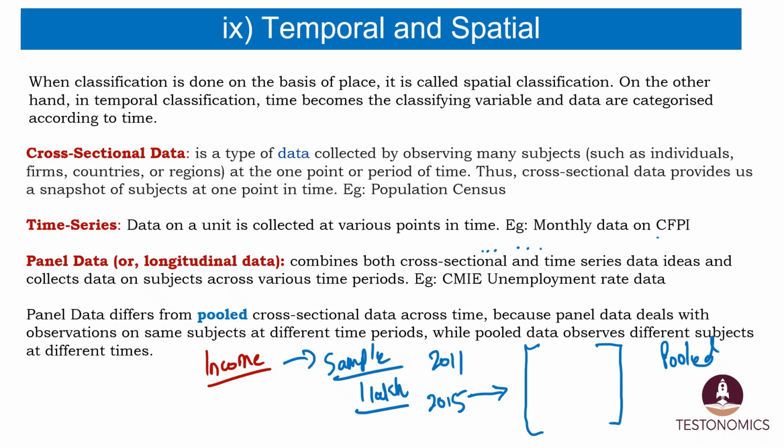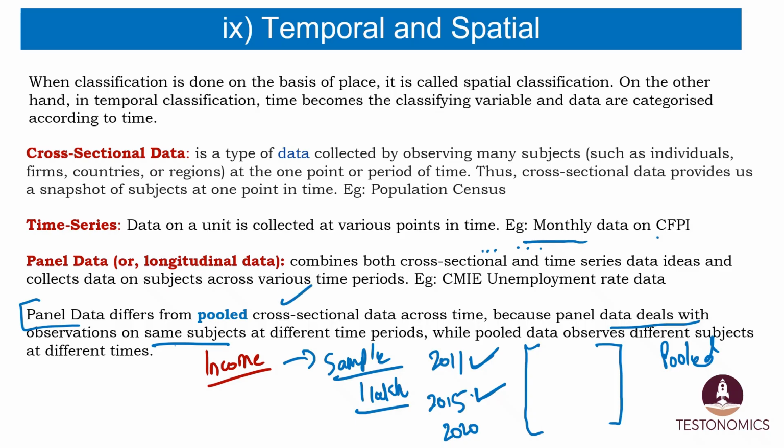But when we talk about panel data, we are saying that panel data deals with observations on the same subjects. That means the people whose data was collected in 2011, those very people were surveyed again in 2015 and maybe again sometime in 2020. So panel means same people collected data on different aspects, that is making it cross-sectional. So the cross-sectional element is there.